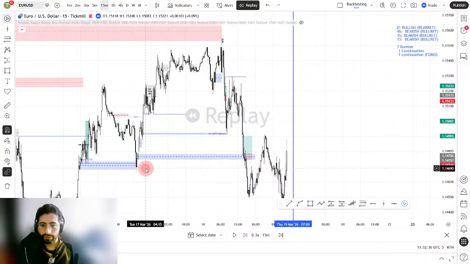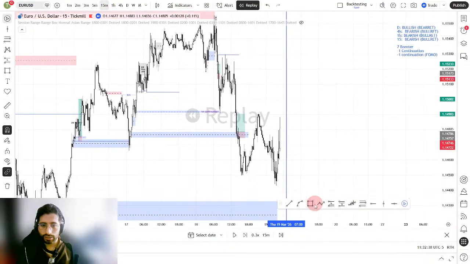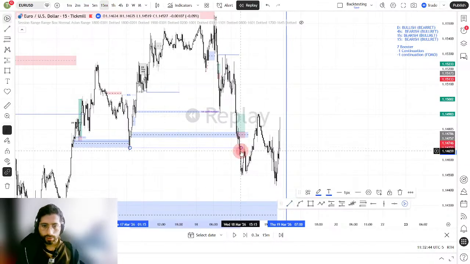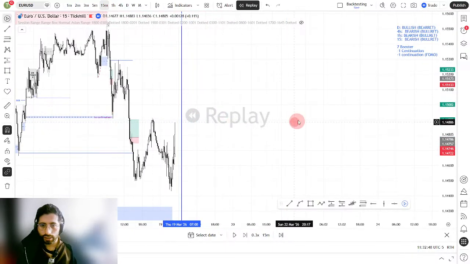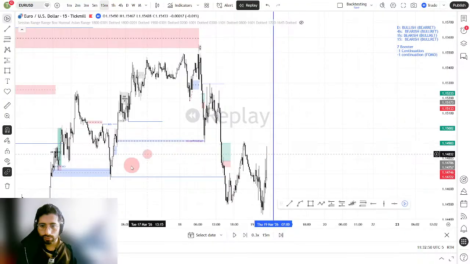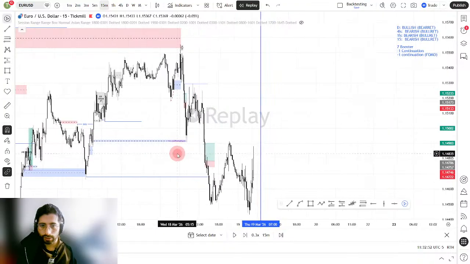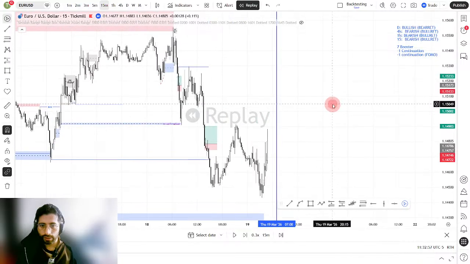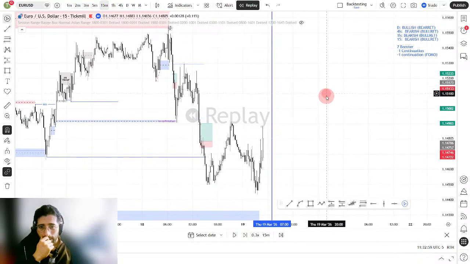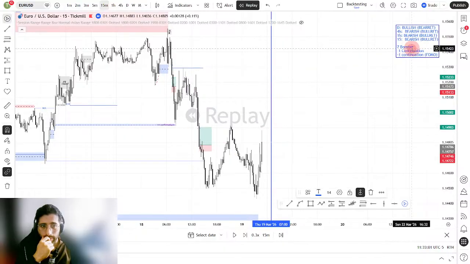So this was the 50 minutes range. Now it's broken with the body of the candle right here. We need to turn up the tables. Now we need to see the real direction of the market. And we are in 50 minutes, we're bearish.